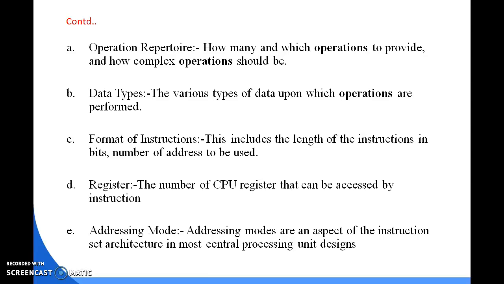Addressing modes are an aspect of the instruction set architecture in most central processing unit designs. That means the addressing modes may be direct or indirect, which describes how the instructions are stored within the memory.